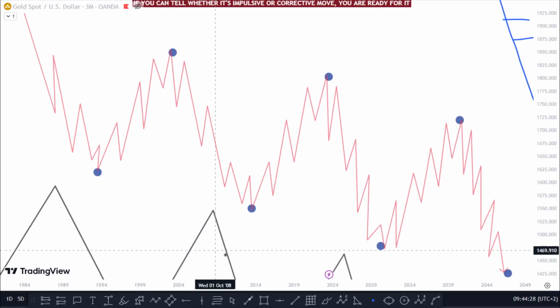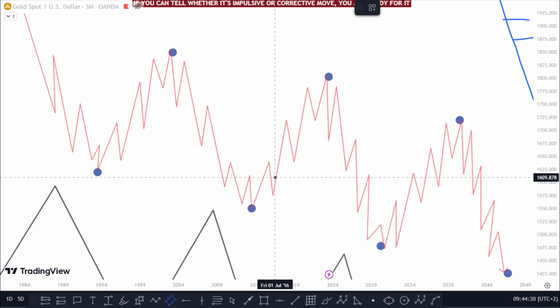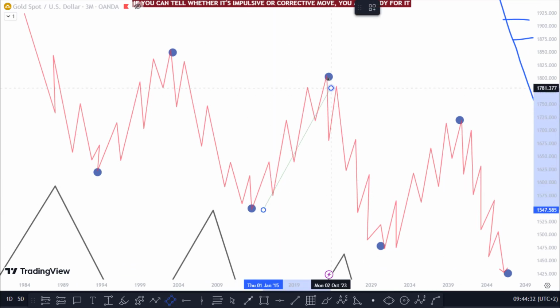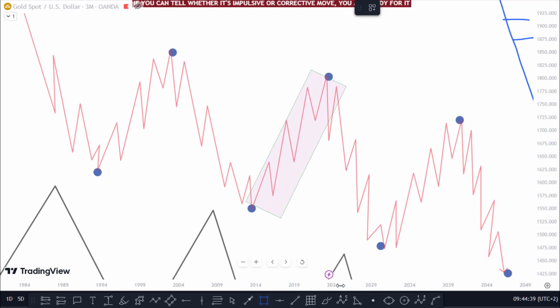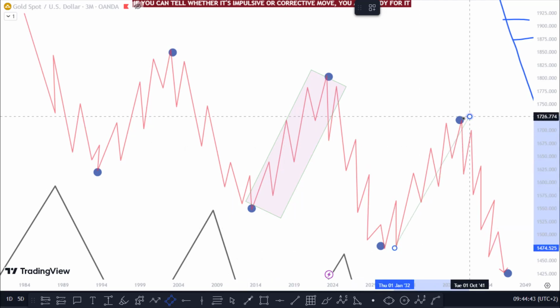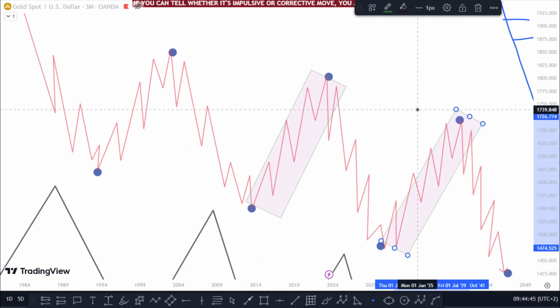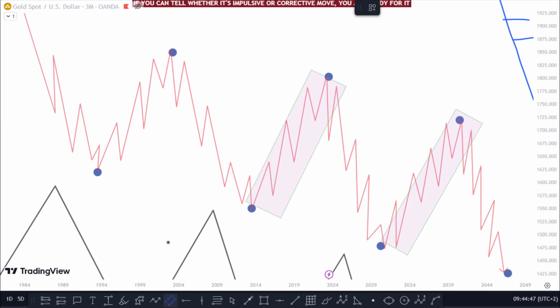You understand that this is going to be a trend. This is going to be a bullish trend on the weekly time frame.